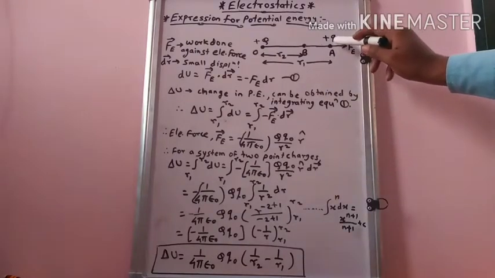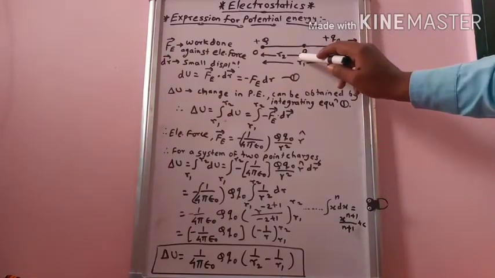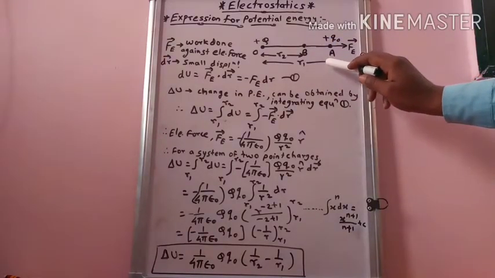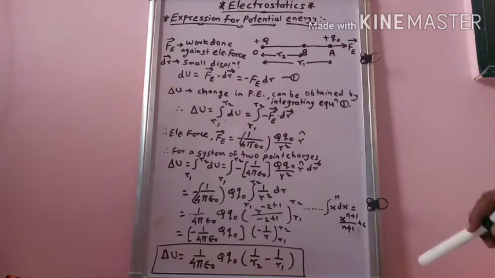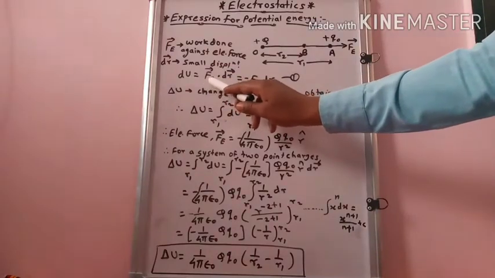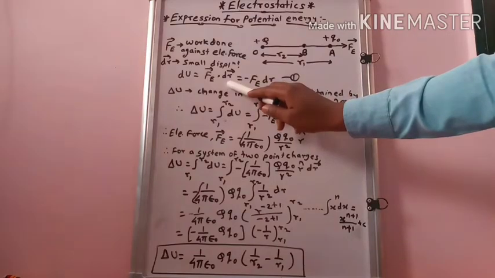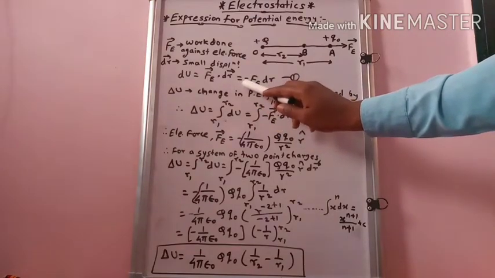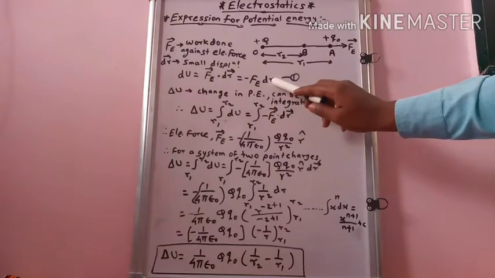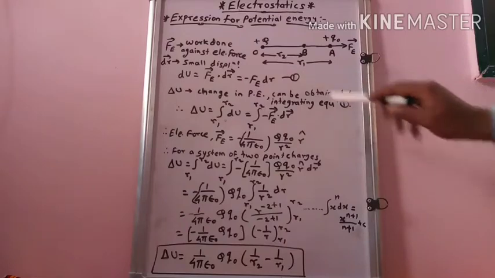Here the charge plus q0 is brought from point A to point B, displaced from R1 to R2 distance from the origin O. Therefore, the potential energy of the given system is dU is equal to Fe vector dot dr vector, which is also given by minus Fe dr, equation number 1.